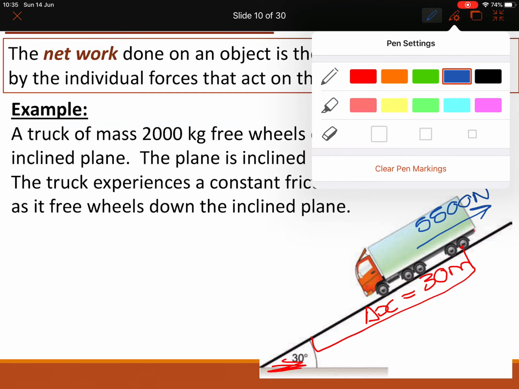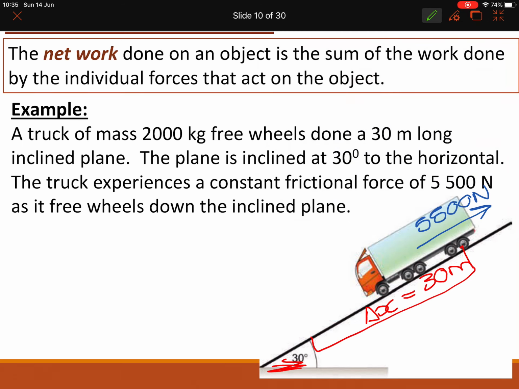Please don't forget, and this is one that's going to happen often, there's still gravity. Gravity is still acting on the object, and in fact, it's going to be FG parallel. That's the important one here, because only part of gravity is acting on the object, because that's the part that pulls it down the slope.